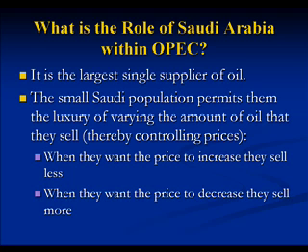The Saudis would like the price to increase sometimes when the price is going down, in which case they can unilaterally pump less oil if they want the price to increase. If they want the price to decrease, which they do sometimes to punish countries that overproduce their OPEC quota, they can pump more oil, thereby having an effect on global supply and reducing the price. And they have done that several times historically.